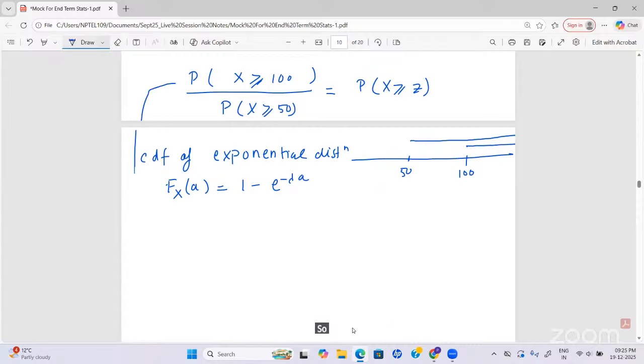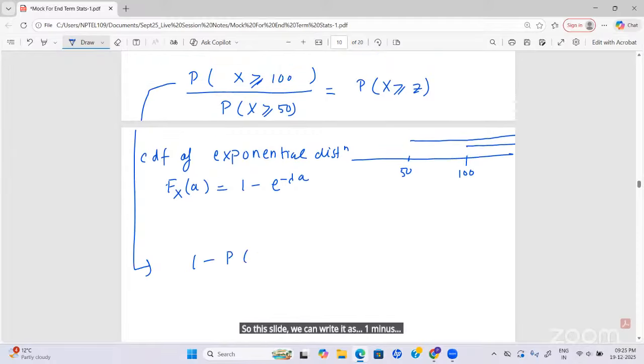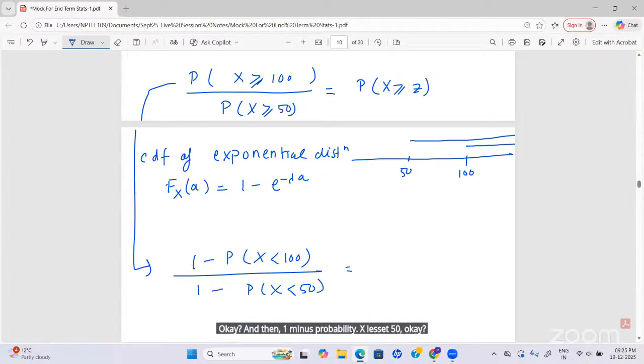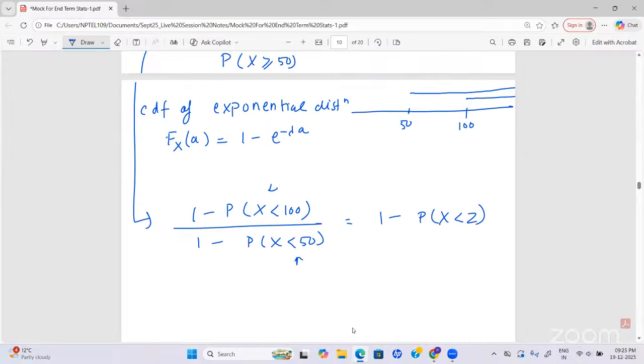So this line we can write as 1 minus probability x less than 100, and then 1 minus probability x less than 50. This also we can write as 1 minus probability x less than z. Is this part clear to everyone? Now this is the CDF, right? Now just use the formula.